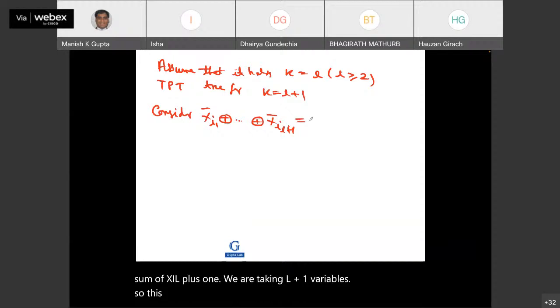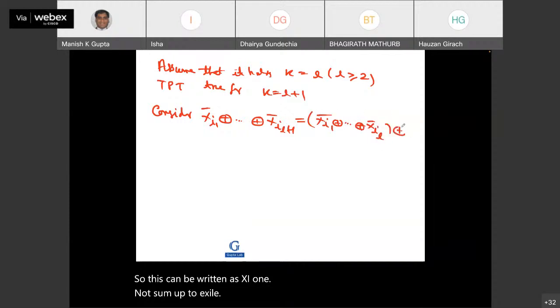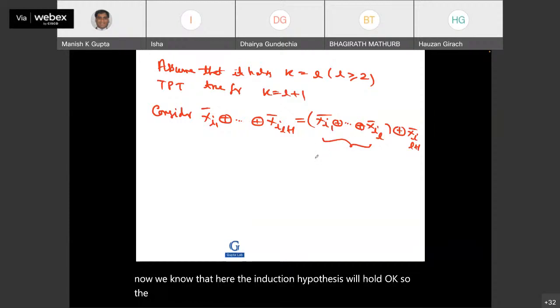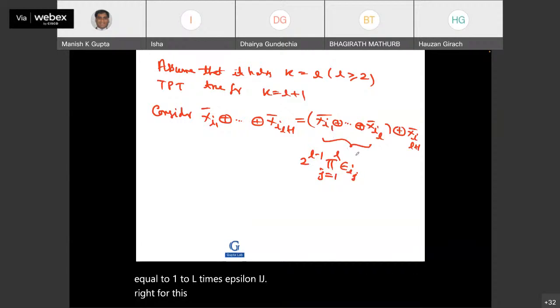This can be written as the sum of Xi1 up to XiL, plus Xi(L+1). Here the induction hypothesis holds, so the biasness of the first quantity will be 2 raised to power L minus 1 times the product over j equal to 1 to L of epsilon ij, and the bias of the other quantity is epsilon i(L+1).